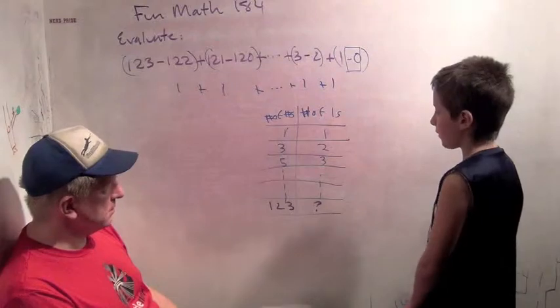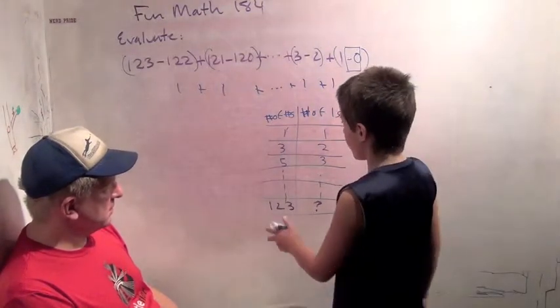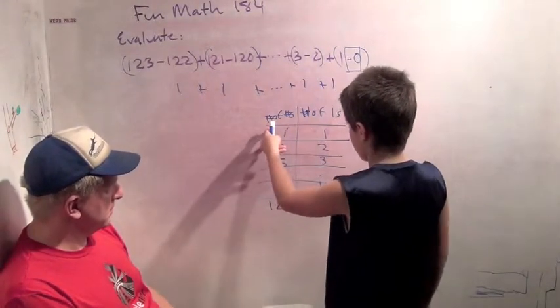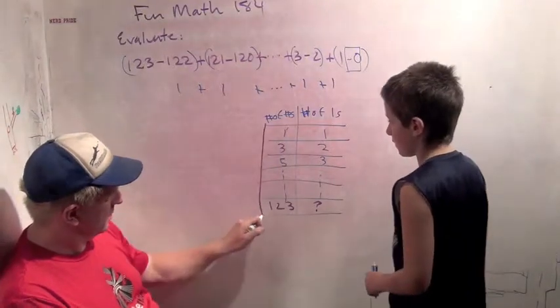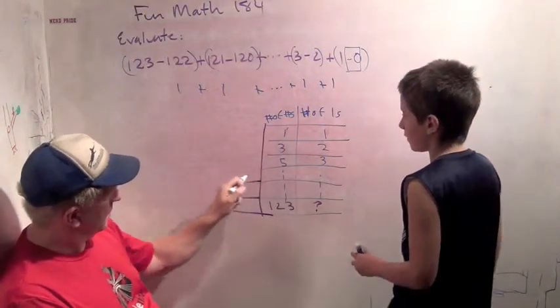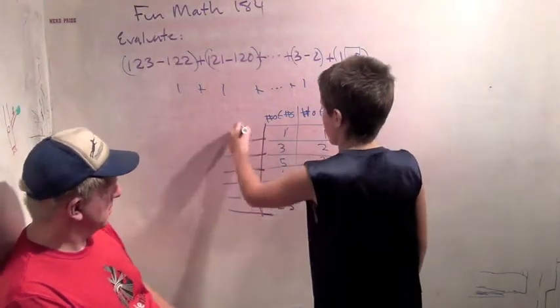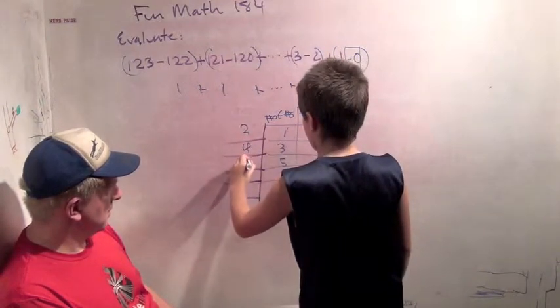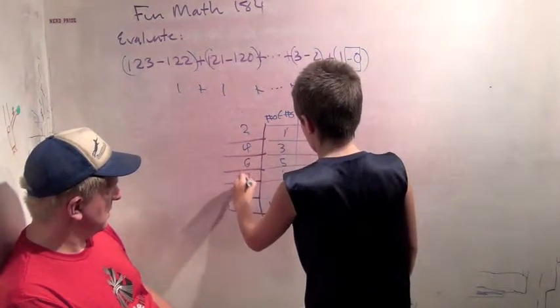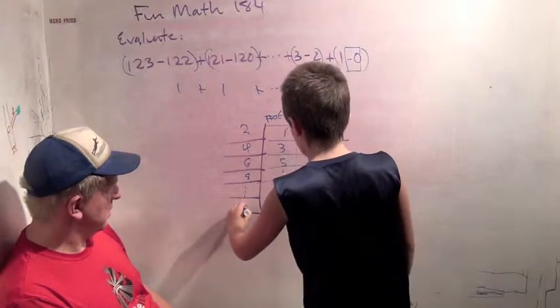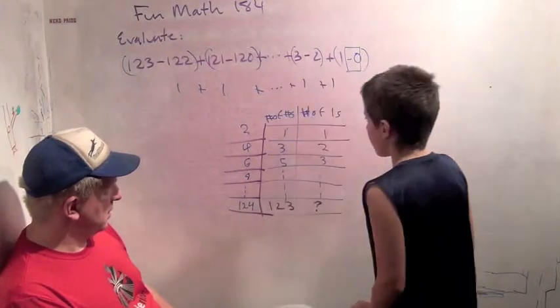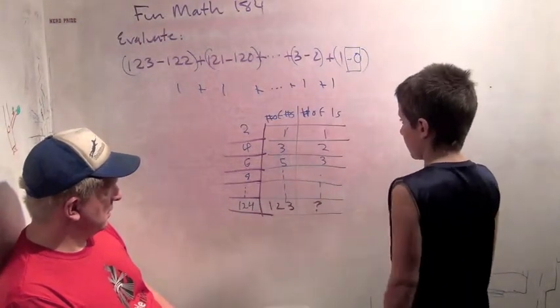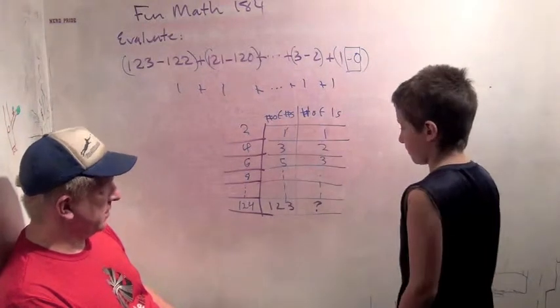Well, if we add 1 to each of these numbers, then 2, 4, 6, 8, all the way down to 124. And then we divide by 2, we're going to get these numbers.